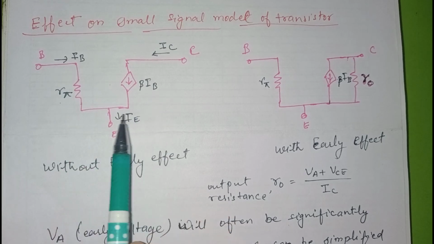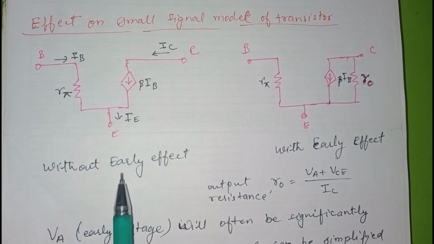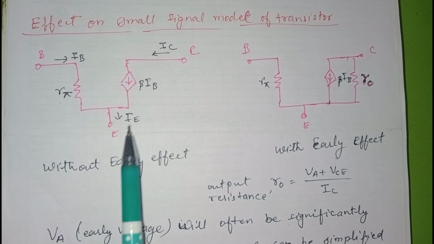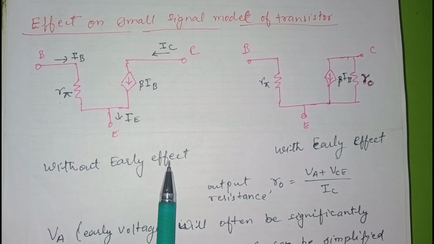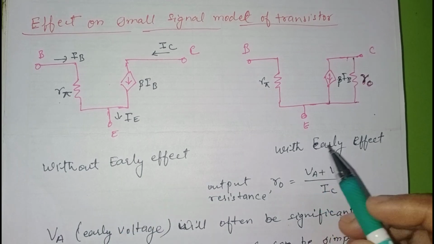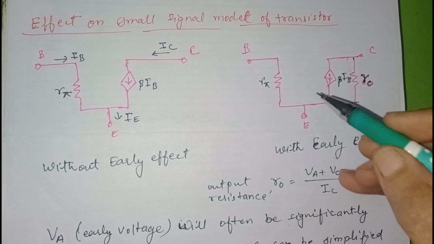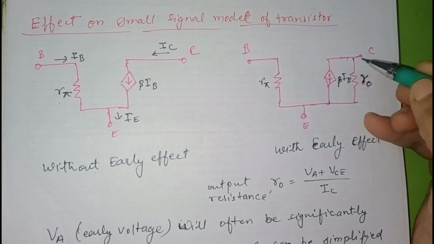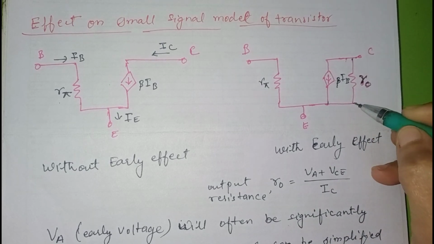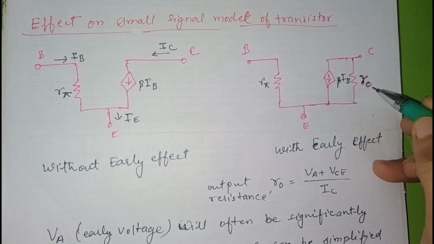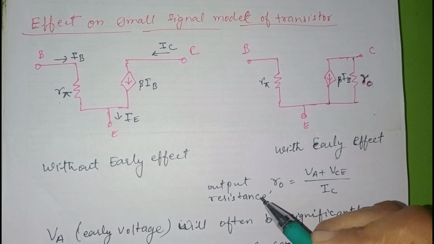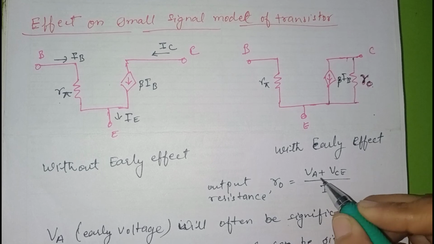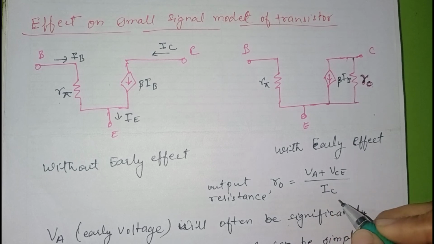This is the small signal diagram without early effect. After considering the effect of early voltage on the small signal model, there will be addition of a resistance at the output side. This is the resistance R0. This output resistance is given by VA plus VC upon IC.